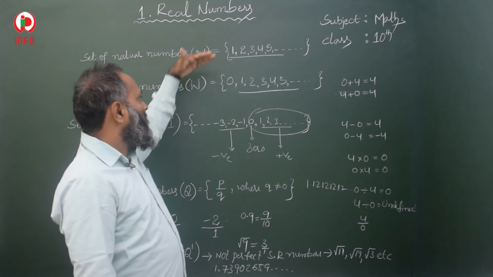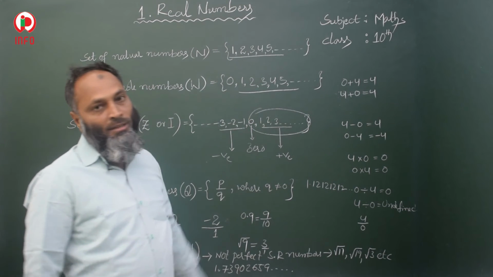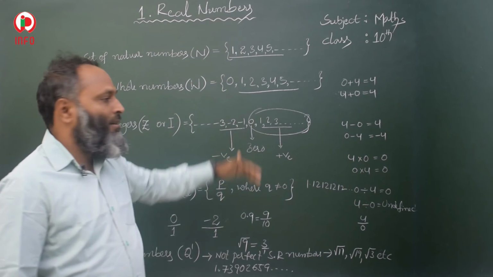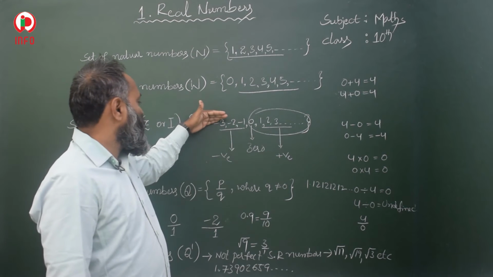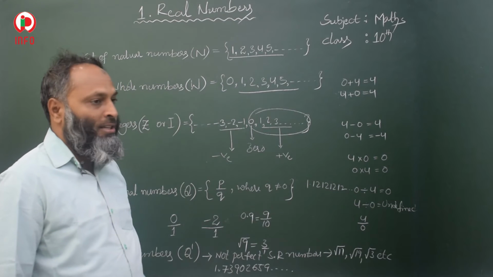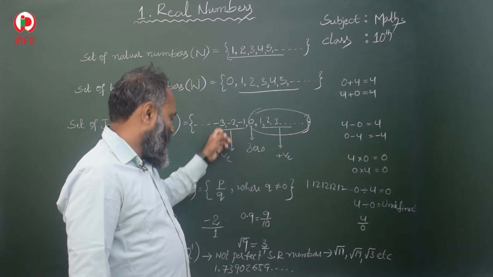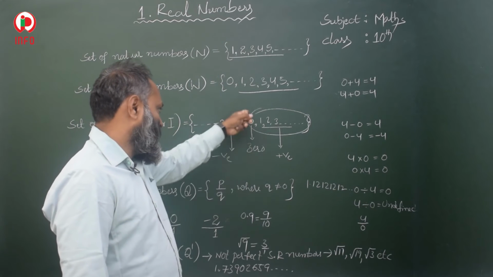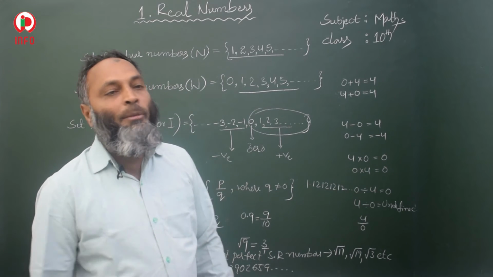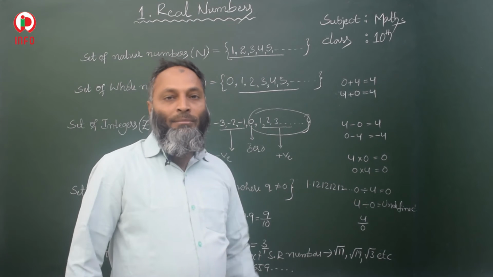Whatever numbers are in the set of natural numbers are present in the set of whole numbers, whatever numbers are in whole numbers are present in integers, and whatever numbers are present in integers are present in the set of rational numbers. Where, sir? If you ask, here p by q means minus 3 by 1, minus 2 by 1, minus 1 by 1, 0 by 1, 1 by 1, 2 by 1, 3 by 1, with denominator 1. So all integers are rational numbers, that we discussed.